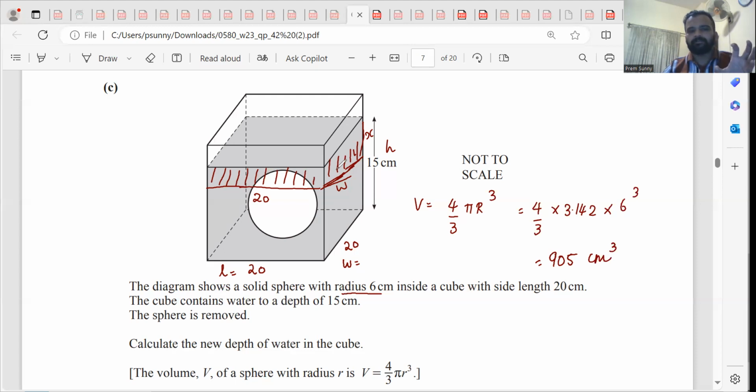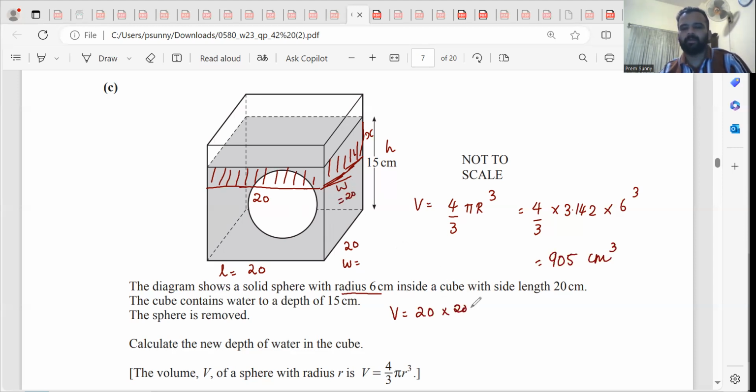So here, I can find the volume of this water. Basically, it's a cuboid. Volume of a cube or a cuboid is length into width into height. So length will be 20, width will be again 20.